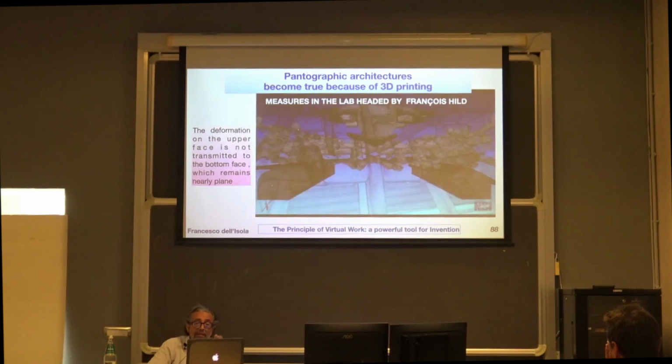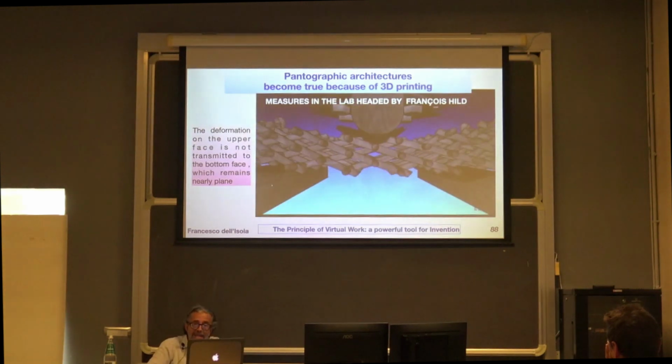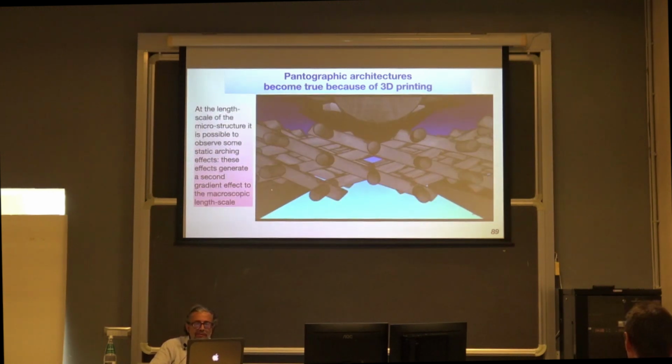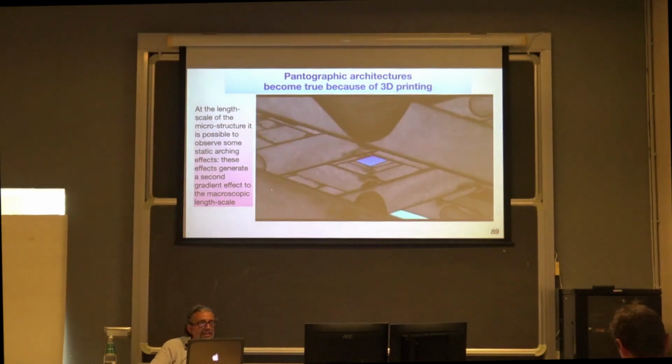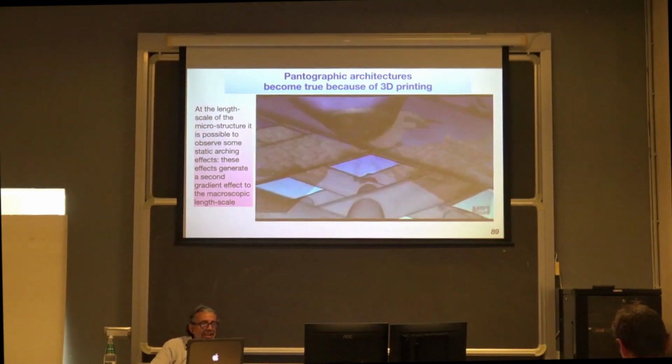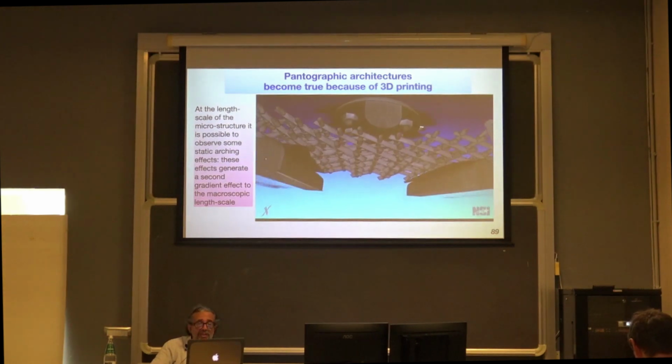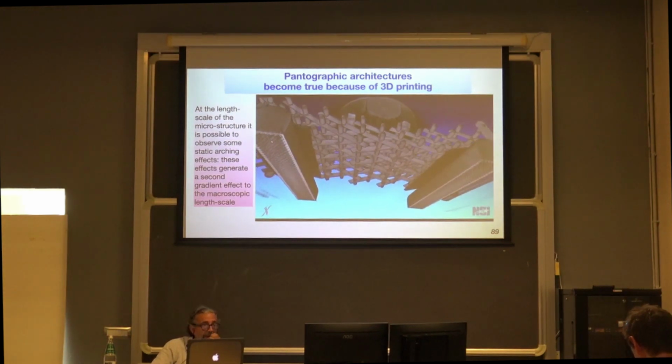But what do you get? The upper blade deforms and the lower face remains nearly not deformed. And finally, you have the possibility of investigating what happens. Static arching effects are the reason of the exotic behavior of this pantographic block.